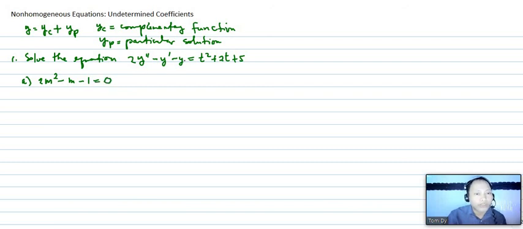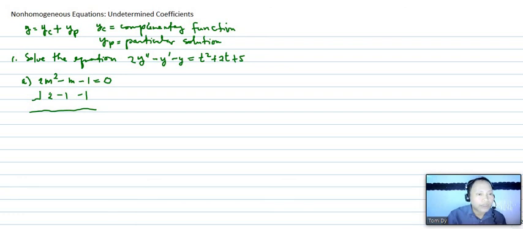We will focus only on this part and find the value of its root using synthetic division. We have 2, negative 1, negative 1.